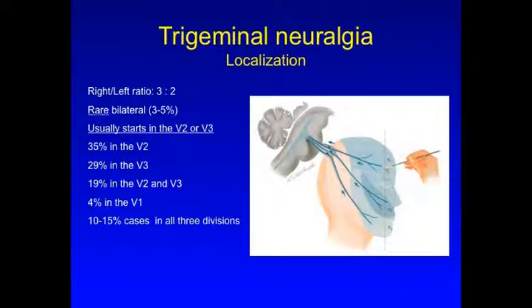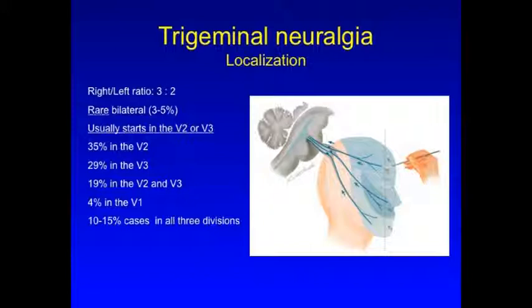Now, a little bit on epidemiology and localization. First of all, the right to left ratio is 3 to 2, according to the studies. It's very rarely bilateral. Most of the time it's unilateral and usually involves the V2 and V3 distribution. You can see here it's 35% in V2 and 29% in V3.